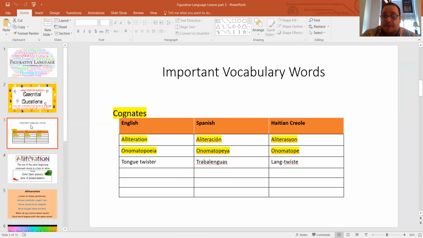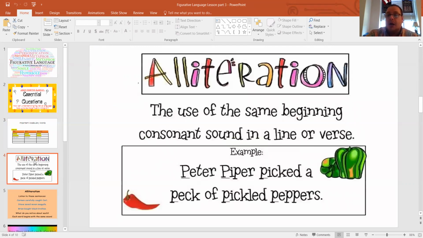Because there's going to be a little tongue twister that I want you guys to look at real quick. So the words are alliteration, onomatopoeia, and tongue twister. Notice the cognates are, of course, in yellow. Cognates are words in other languages that either look the same, sound the same, or in some way are similar to the English.